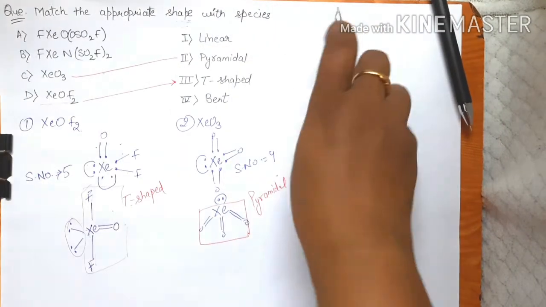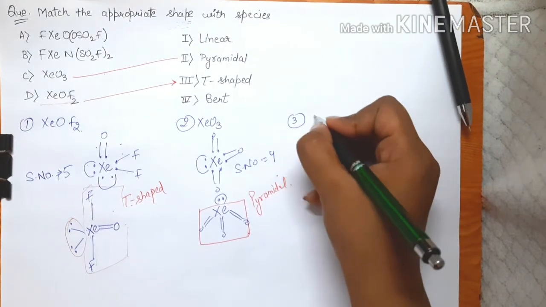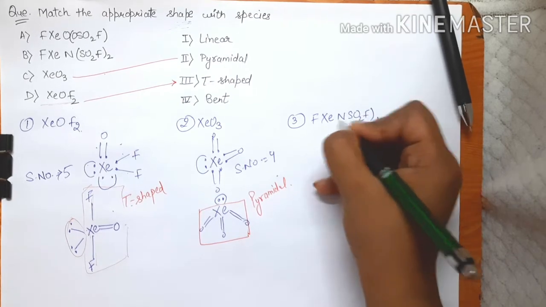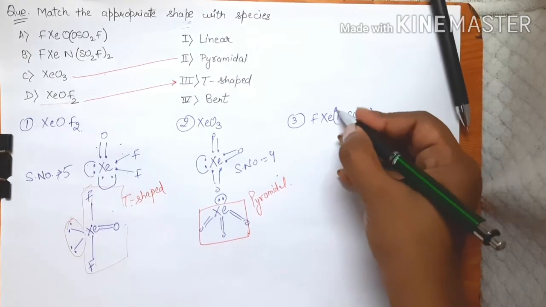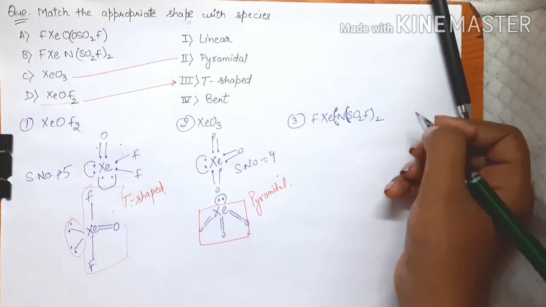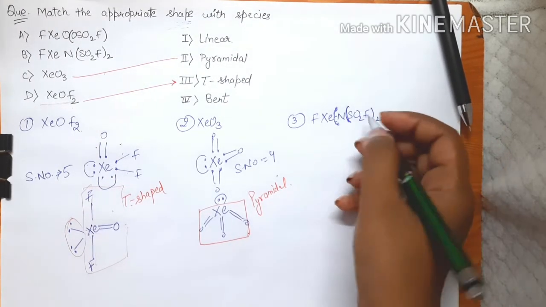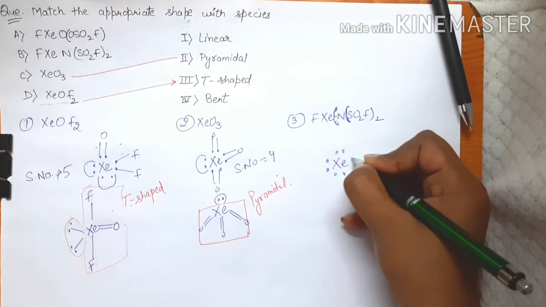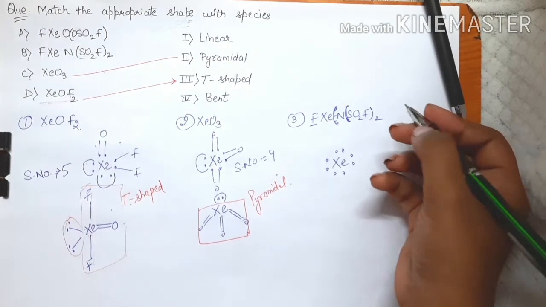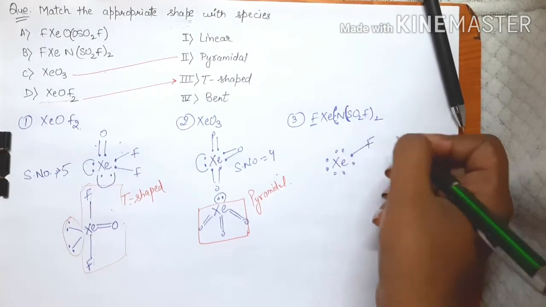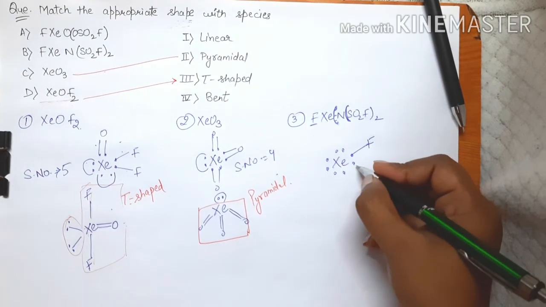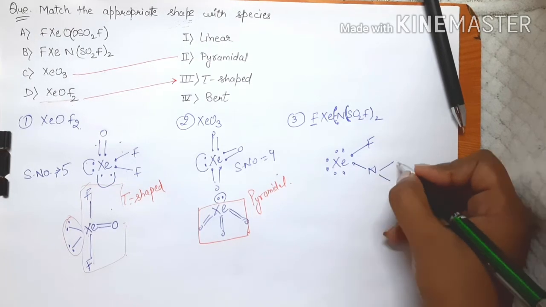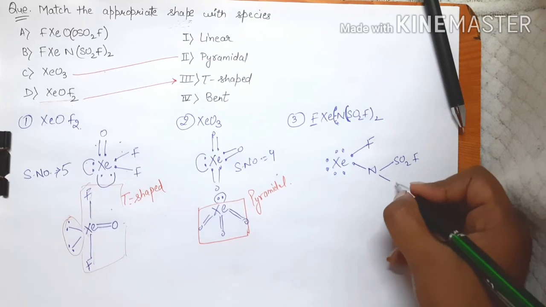Now for the third molecule, which is FXeN(SO2F)2. Okay, N is not here, the bracket is here. Now for this molecule, xenon will be the central atom having 8 electrons in the valence shell. 1 fluorine is attached, which is univalent. We'll attach it like this, and 1 nitrogen along with 2 SO2F groups are present like this.